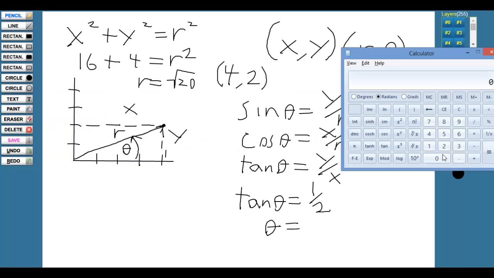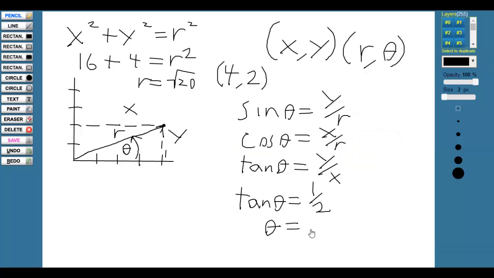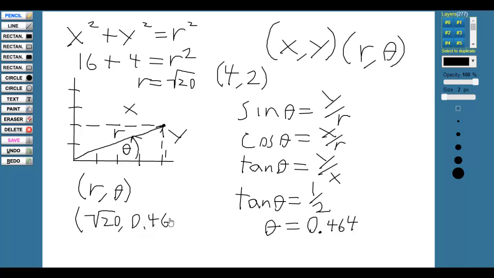So put in 0.5, and then the inverse tangent of that would give you about 0.464. So the rectangular coordinate (4, 2) is the same as the polar coordinate (r, theta), or (square root of 20, 0.464).